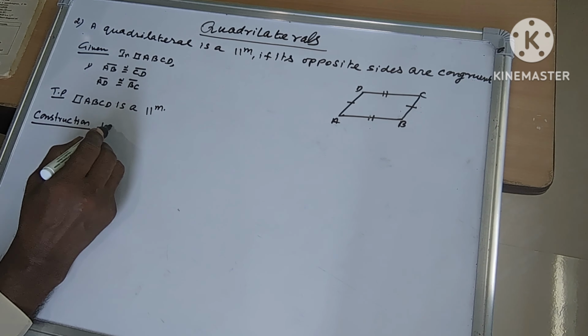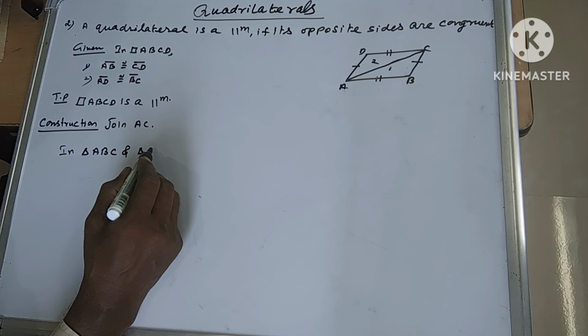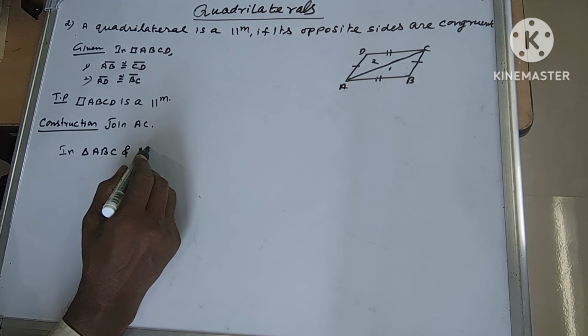What are the congruent parts? In triangle ABC and triangle ADC, or we say CDA, let us mention the congruent parts.